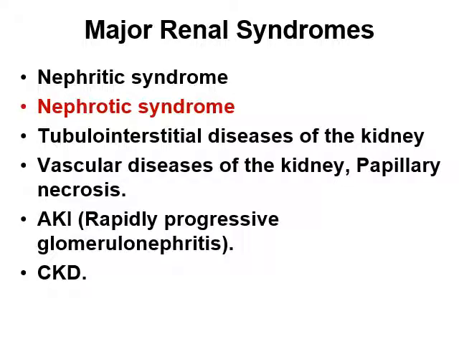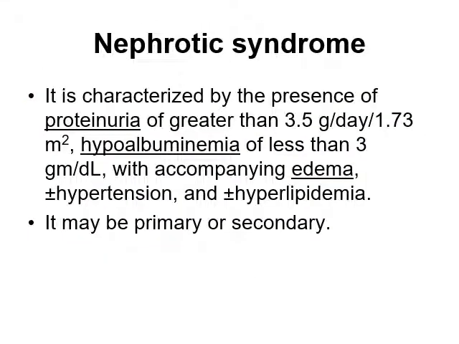Coming next to nephrotic syndrome, all of us know nephrotic syndrome from studying pediatrics. So I will just revise what the stigmata of the nephrotic syndrome are. We have three stigmata. First, nephrotic range proteinuria, which is greater than 3.5 gram per day per 1.73 square meter surface area, and this is the average surface area for an adult.